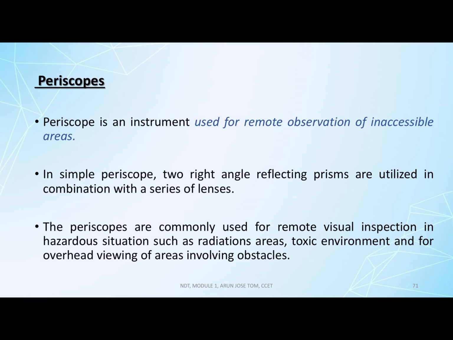Its arrangement is that two right angle reflecting prisms are utilized in combination with a series of lenses. Also, the importance of a periscope is that it is used for remote visual inspection in hazardous situations such as radiation areas and toxic environments, and for overhead viewing of areas involving obstacles. Periscopes are mostly used for military purposes.